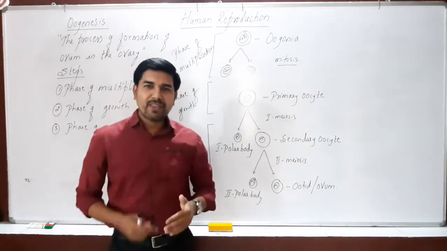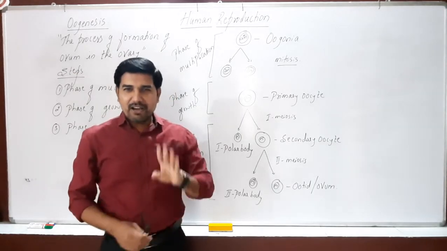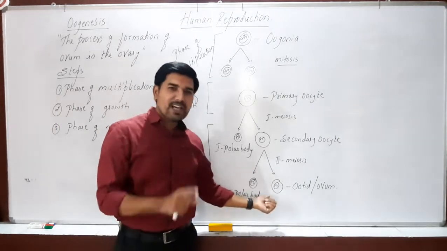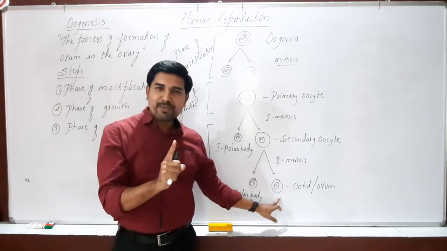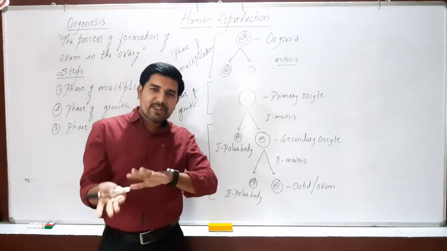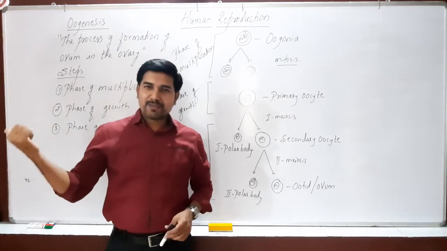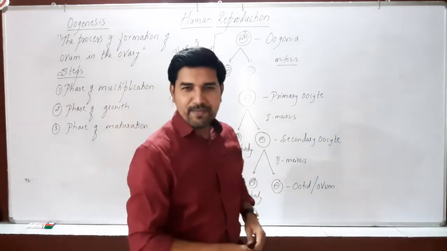Now, during spermatogenesis, four functional sperms are produced. During oogenesis, only one functional ovum or ootid is produced and non-functional polar bodies are also formed. And in spermatogenesis, we don't find any such polar bodies.